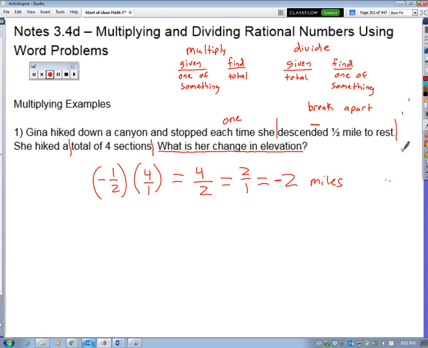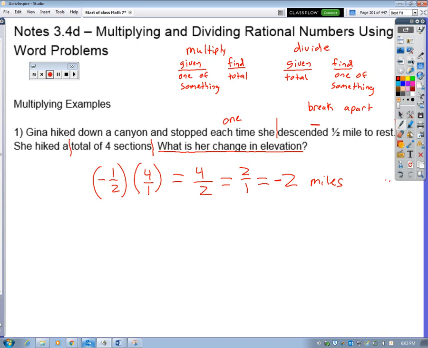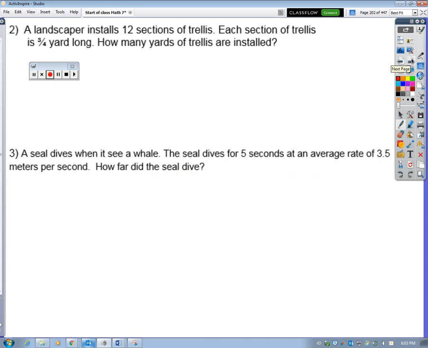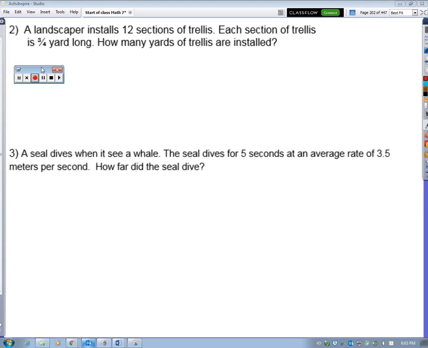We're going to take a look at problem number 2 now. This is another multiplying example, but I want you to try and spot if you can find out why it's a multiplying problem. We're trying to find these processes in these problems. Read through it first. A landscaper installs 12 sections of trellis. That's kind of like a fence. Each section of trellis is 3/4 yard long.